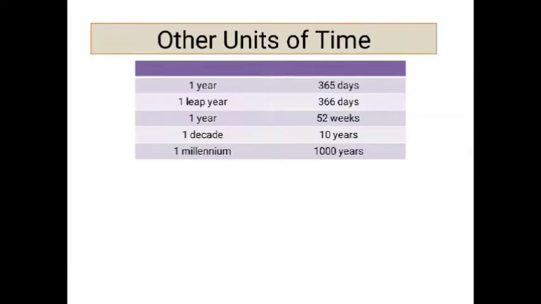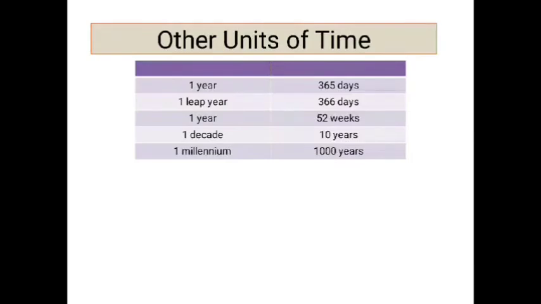What is the difference between 1 year and 1 leap year? 1 leap year happens once in 4 years. In Bahasa Indonesia, 1 leap year we call tahun kabisat. Dalam satu tahun kabisat yang terjadi sekali dalam 4 tahun, terdapat 366 hari. And then in 1 year we have 52 weeks.